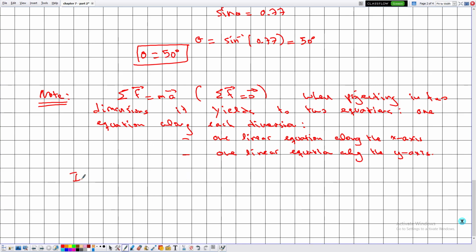In order to solve the problem completely, the number of equations must be equal to the number of unknowns.